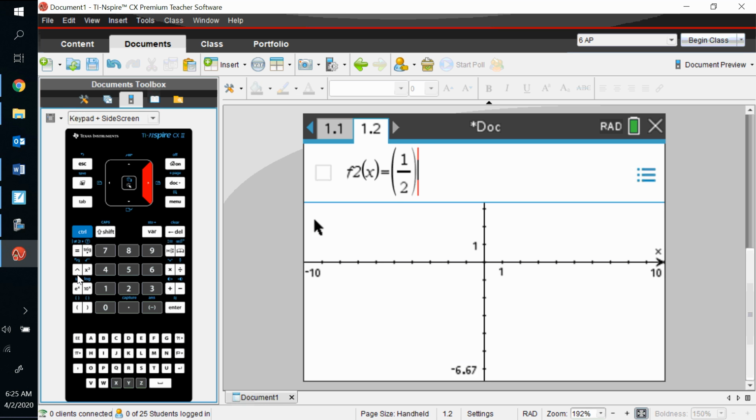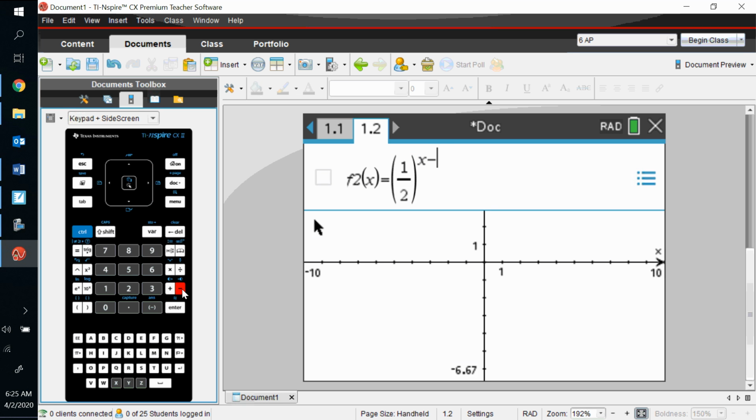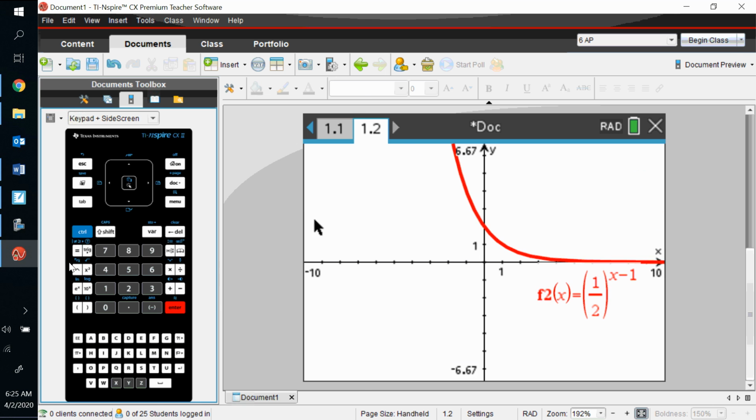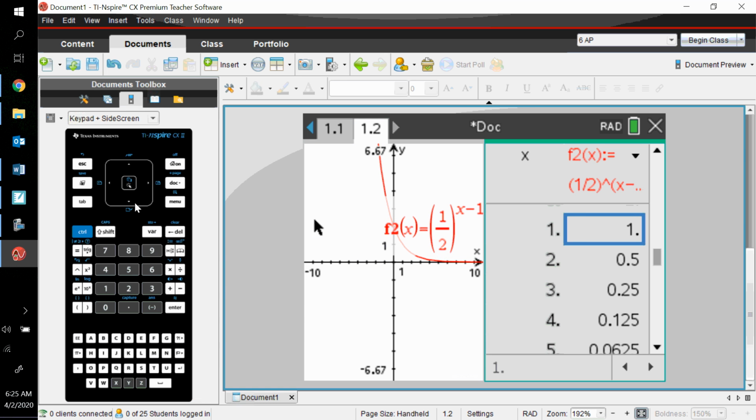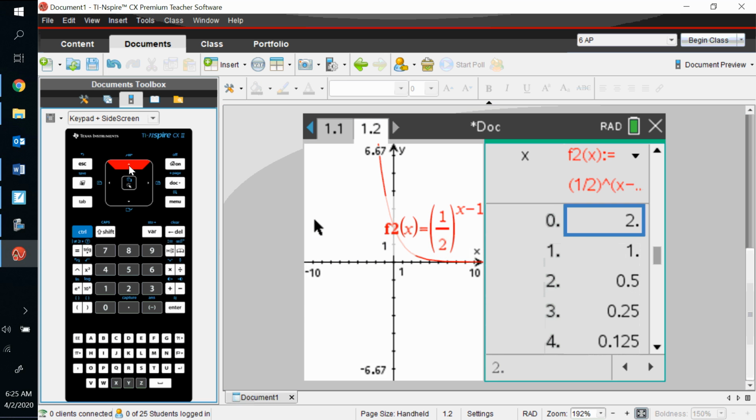We'll have 1/2 raised to the x minus 1. And we'll do our control T. The 1 was our middle value this time, so we'll put that in the middle.